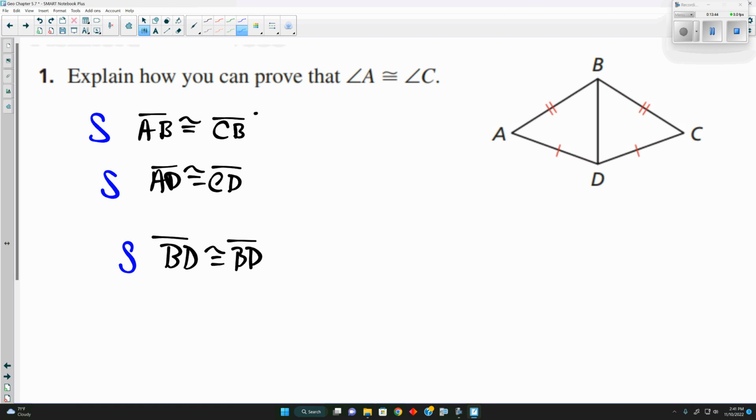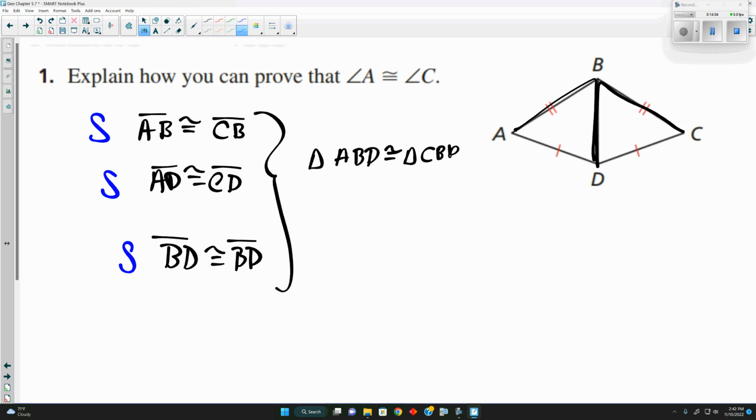But because we have these, we can say that triangle, what? So ABD is congruent to triangle, so we went ABD, so we would need to go CBD by side, side, side. Therefore, because what did we want to prove?